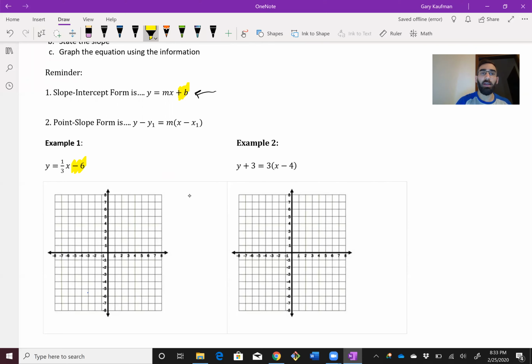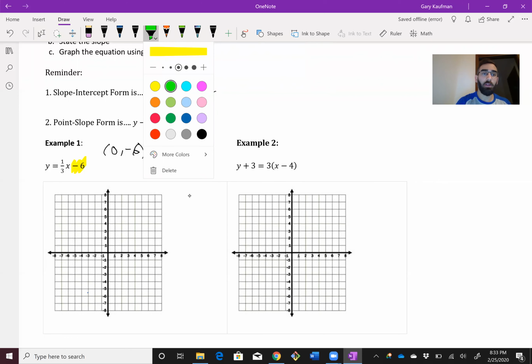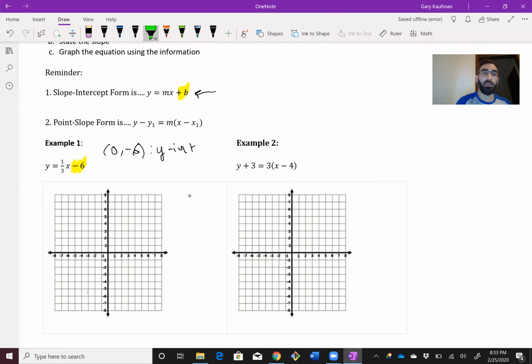Now notice that I highlighted that 6 as well. So our y-intercept is (0, -6). That's our key point. Our slope is the coefficient of x, and there is my coefficient of x. So therefore, my slope is 1/3.